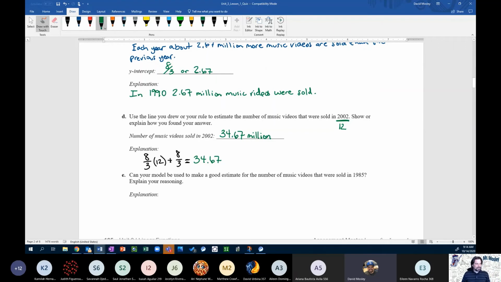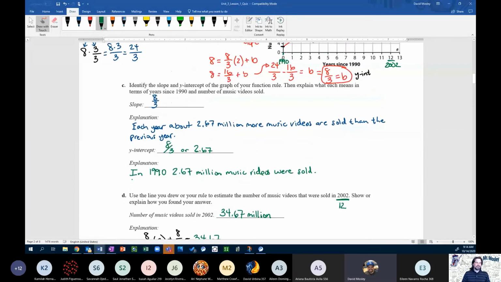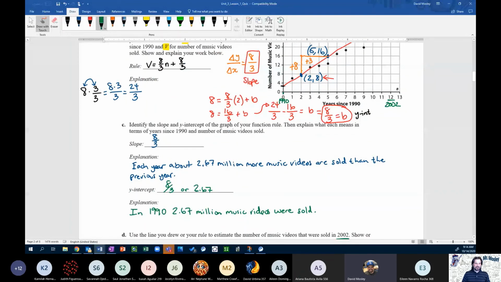All right. And part E. Can your model be used to make a good estimate for the number of music videos that were sold in 1985? Explain your reasoning. All right, well, if I look at the graph here, I know that my y-intercept is 2.67, give or take. If I go back another 5 years, that's more than my rate of change.